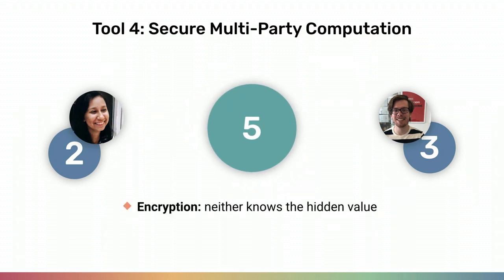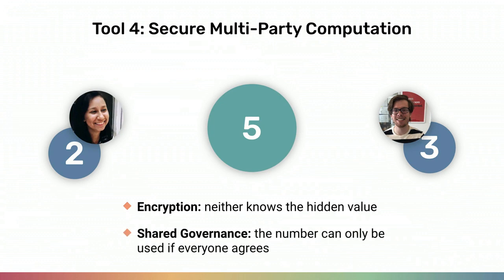Because neither of them can know what value is actually encrypted between them by looking at their own share. You have to look at both shares to know what the number is. And secondarily, you get shared governance, because the number can only be decrypted if all the shareholders agree to pool their shares. So it's more than just encryption. It's shared control over a digital asset.